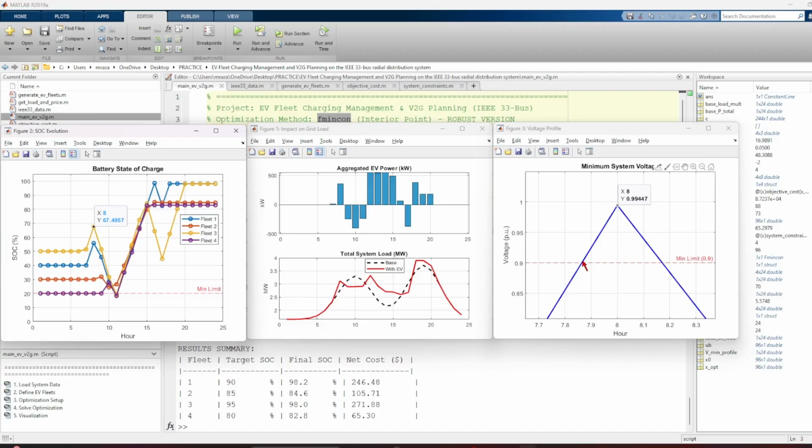But here you can see, due to the EV fleets, from 8 to 11 hours, when our fleets discharge, this is the point when our voltages are maintained.